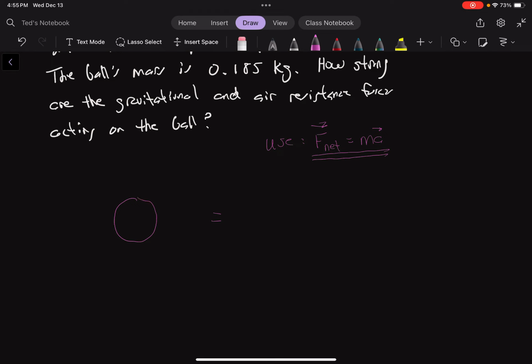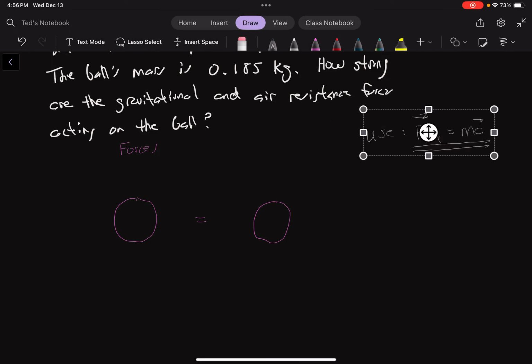So what I'm going to do is draw a circle to represent my ball, and this equal sign represents the Newton's second law equation, F equals ma. On the left-hand side of the equal sign, we're going to put all the forces. And on the right-hand side of the equal sign is where we're going to put the mass and the acceleration.